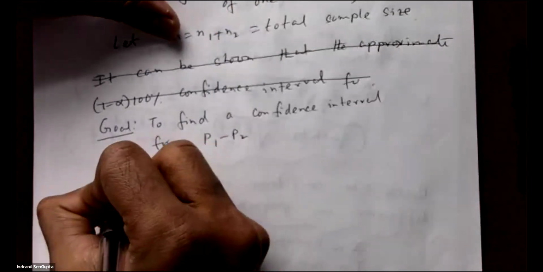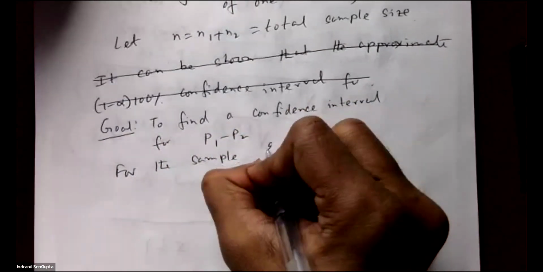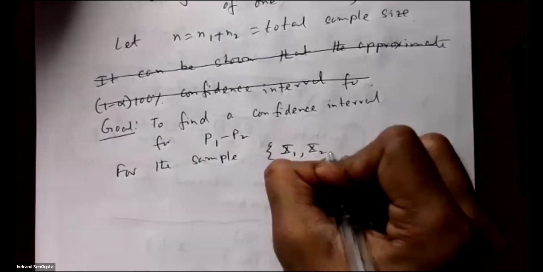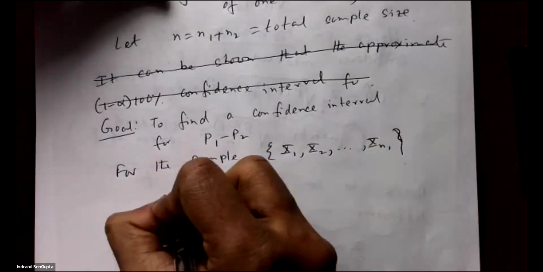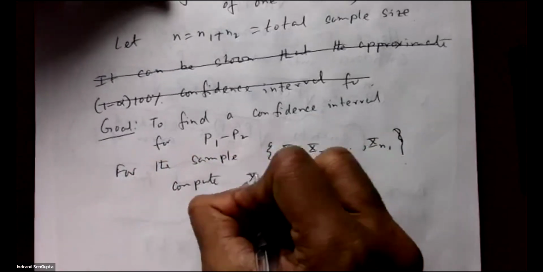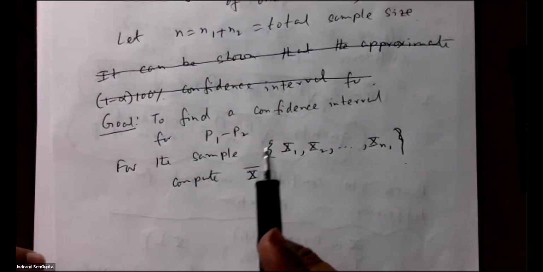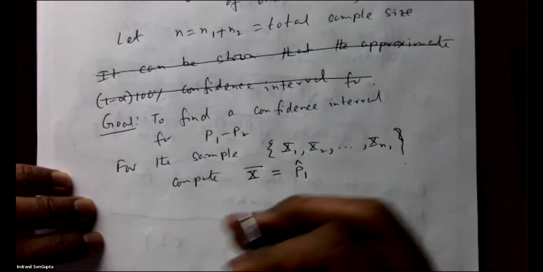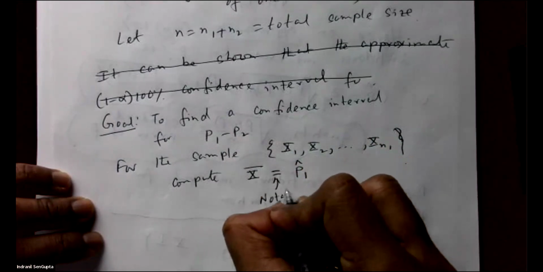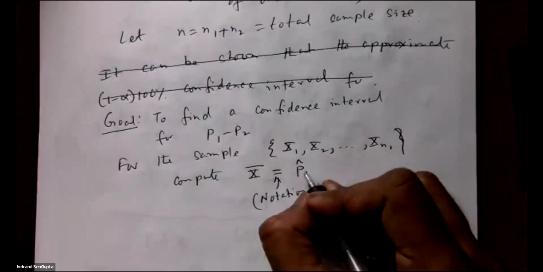For the sample X1, X2, all the way up to X n1, we compute X bar, the sample mean. For the case of a proportion, its traditional notation is p1 hat. It's basically the same as X bar, there's no difference, but the notation we use is p1 hat.